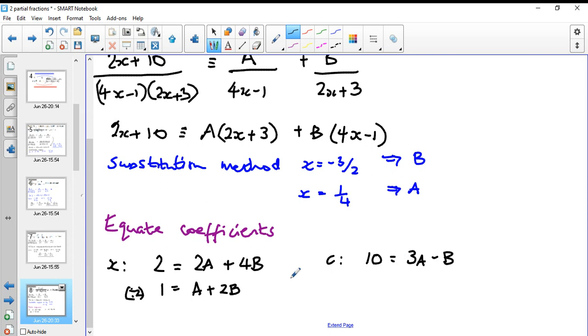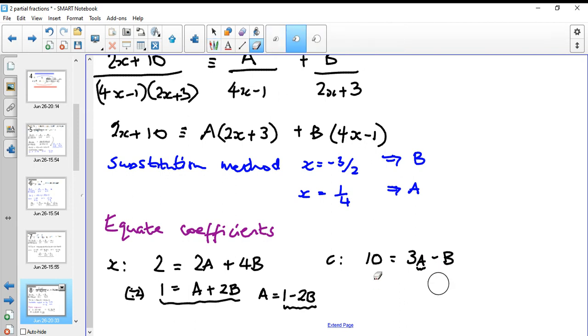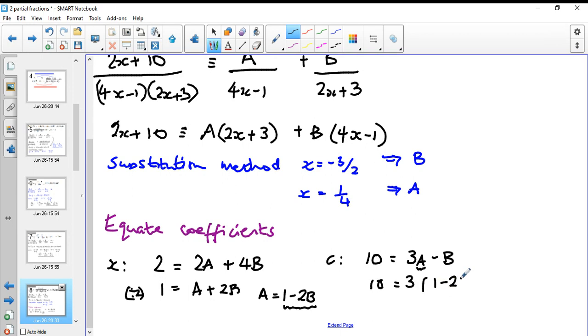Now you can see that we have simultaneous equations which we can solve. So if I say here that a is 1 minus 2b, then I can substitute that into there. So 10 is going to equal 3 lots of 1 minus 2b minus b.